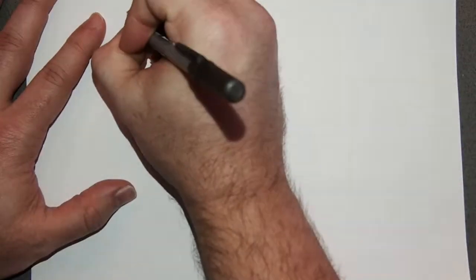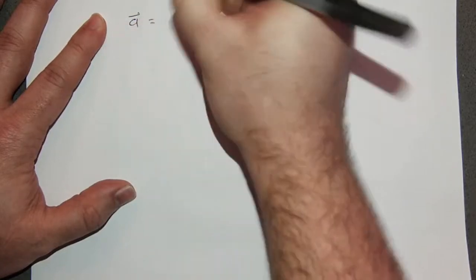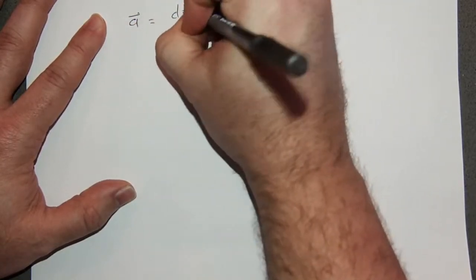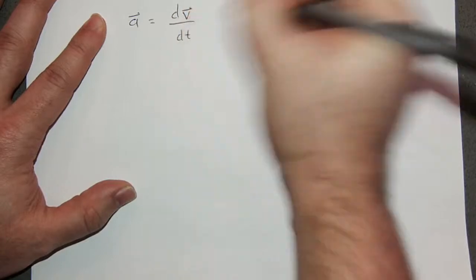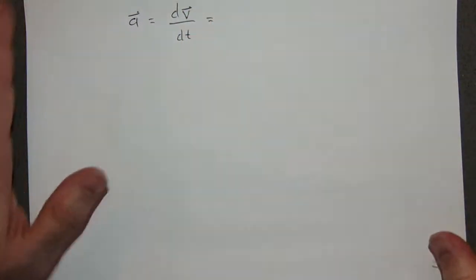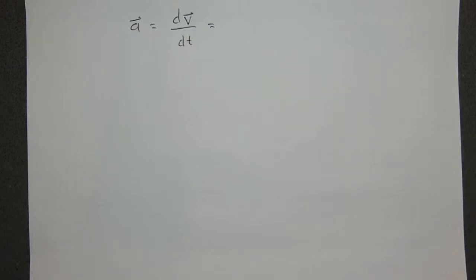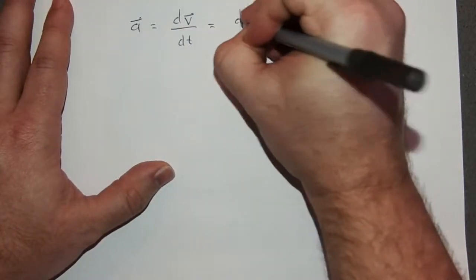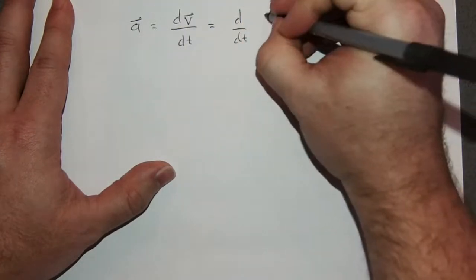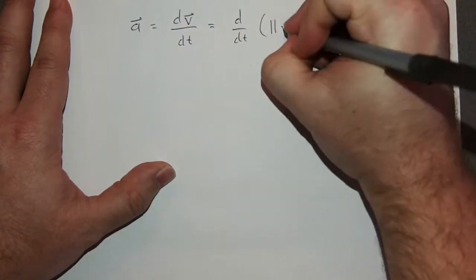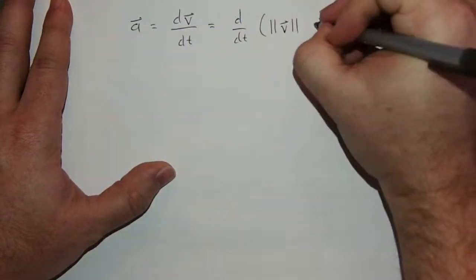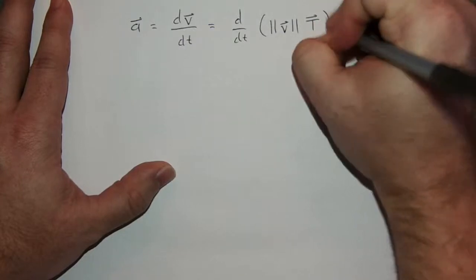So, a is dv/dt, which is, of course, thinking of this as d/dt of, recall we wrote this as the length of v times the tangent vector.